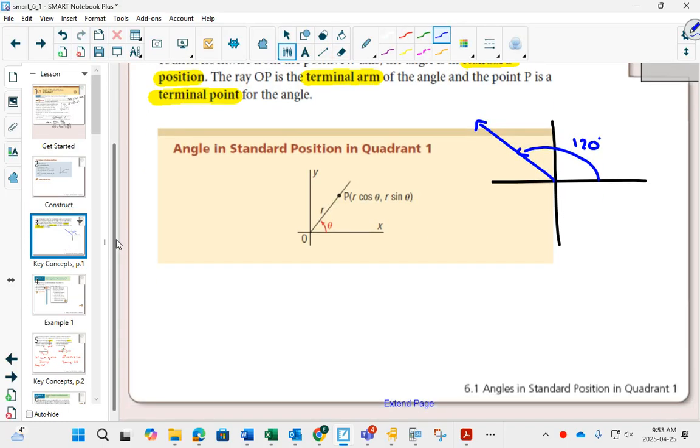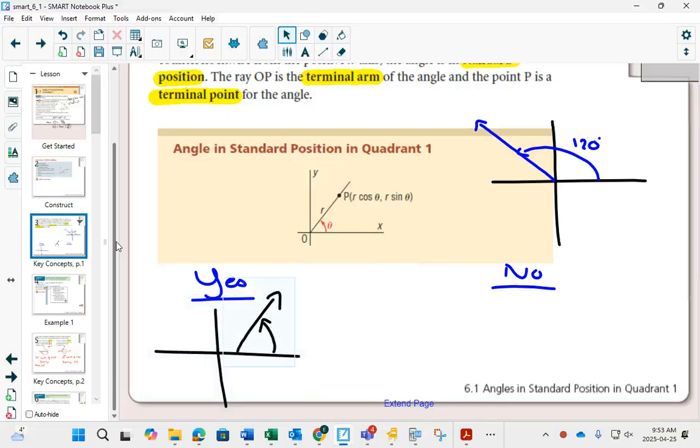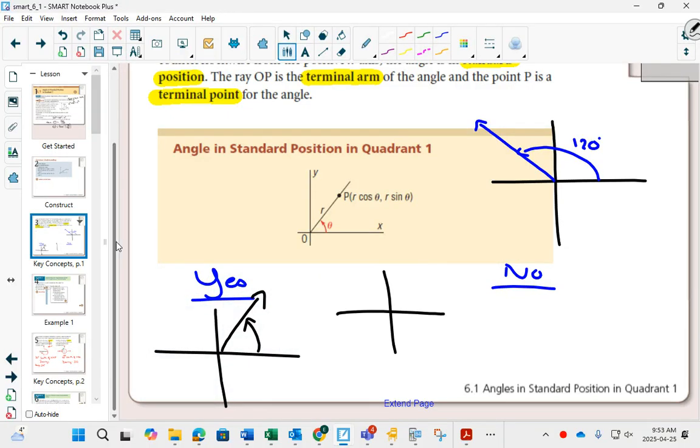Okay? So I'm going to play a little game. I'm going to give you an angle, and you have to tell me if you think it's in standard position, yes or no. Here's the first one. How about that one? You think that one's in standard position? Yeah? Okay, good. How about that one? No? Okay.